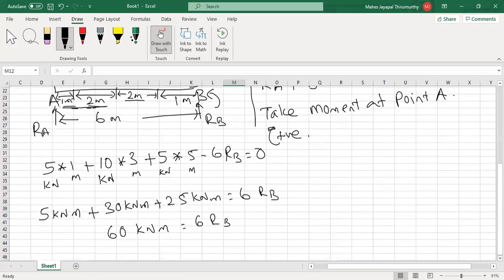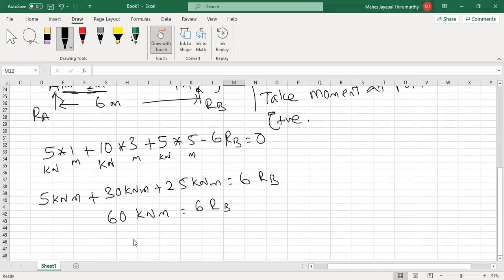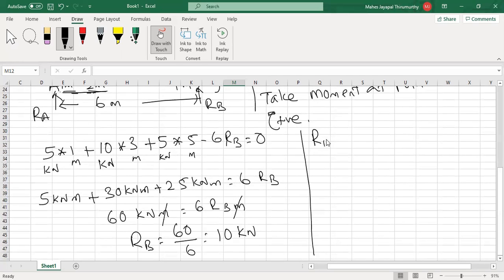So RB is equal to 60 divided by 6, and the meters cancel, so RB is 10 kilonewton. So one answer I found here: RB is 10 kilonewton.